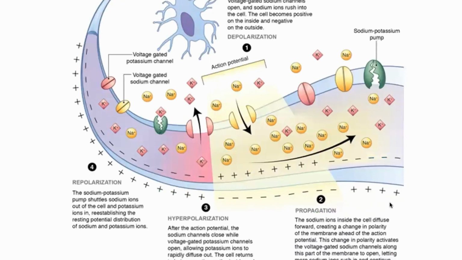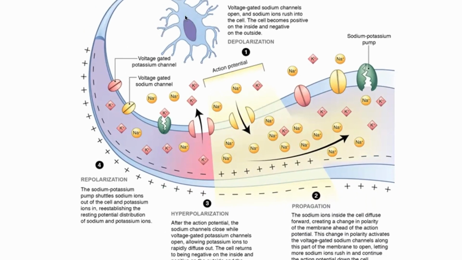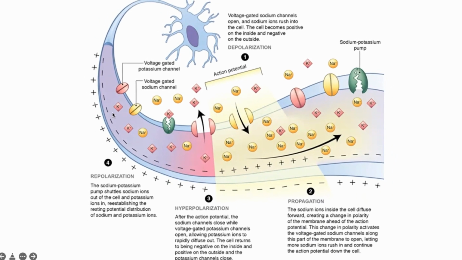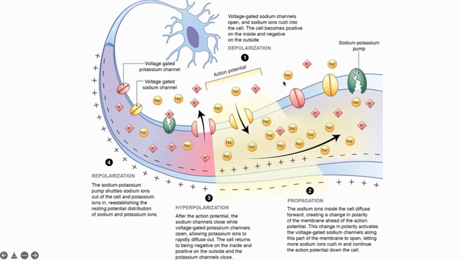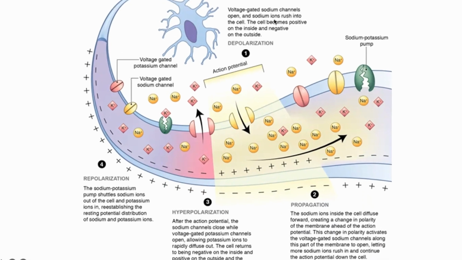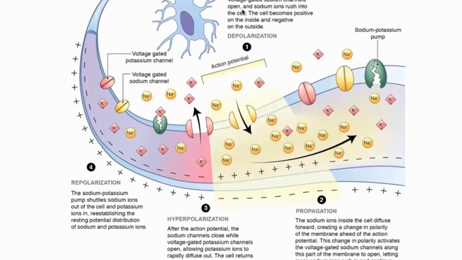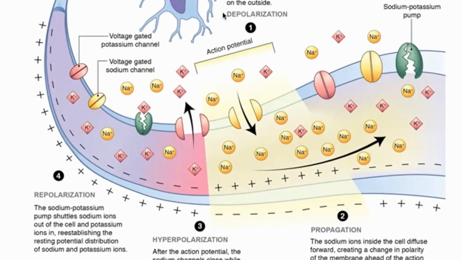So this is just showing a nerve and action potential in the nerve. You can imagine that this is the soma or cell body, and this would be the axon. Imagine that it's myelinated. So for example, an area of the nerve is stimulated, the voltage gated sodium channel will open, and will basically cause a lot of sodium to rush into the cell, and that's depolarization.